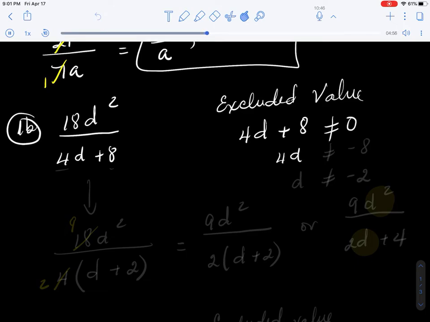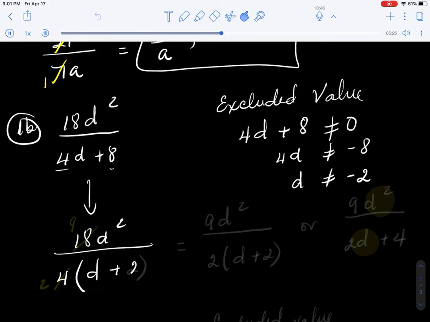I'm going to solve. 4d cannot equal negative 8. D, therefore, cannot equal negative 2. Then I say, hey, I cannot simplify anything. 18d squared and 4d plus 8 do not have anything in common, but I can factor them out. 18d squared, I'm going to leave it there. But for the 4 and the 8, my GCF is 4. I'm going to take the 4 out, and if I take the 4 out, I have d plus 2.